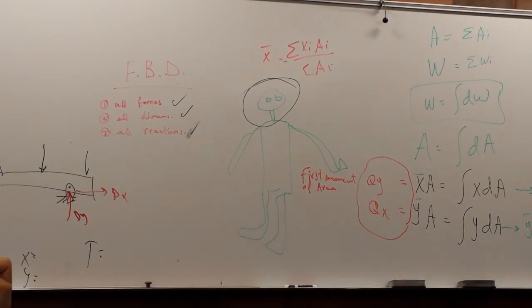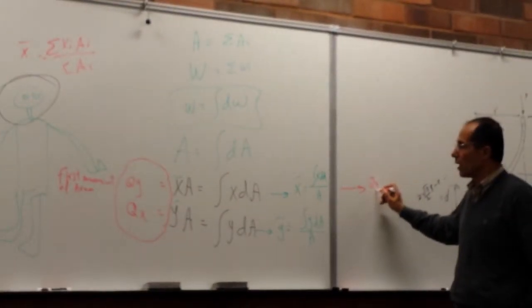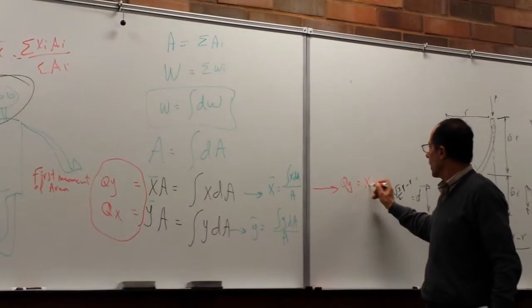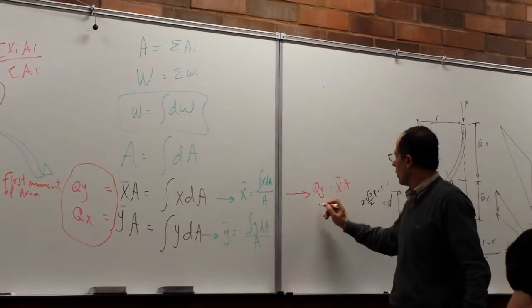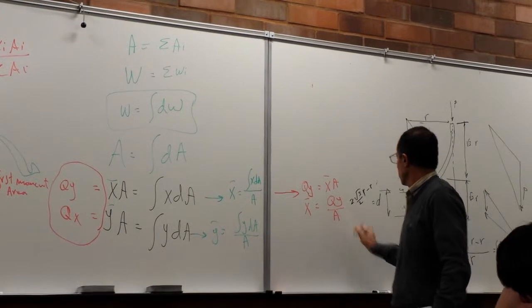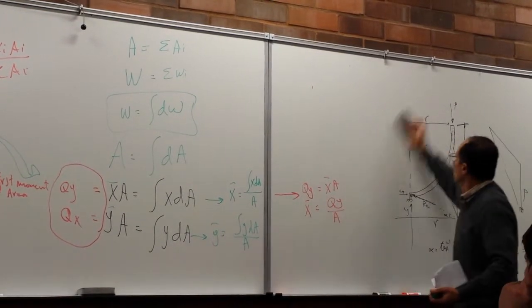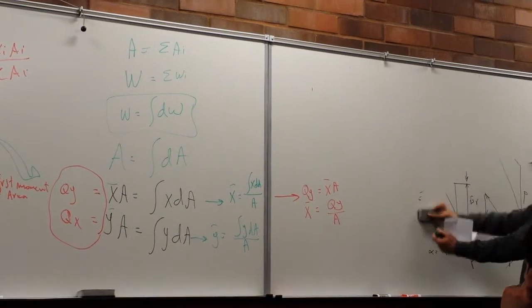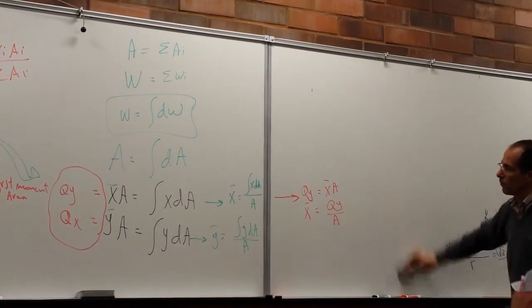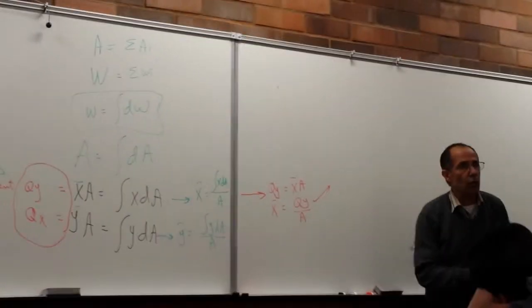Now, if I say Qy equals x bar A, or x bar A equals Qy over A, this is a third way to work with it, using first moment of area.